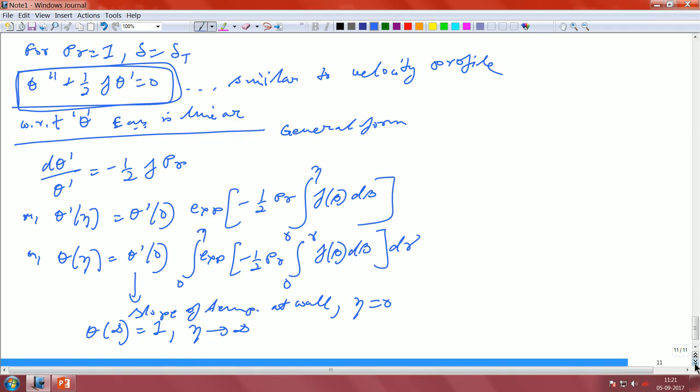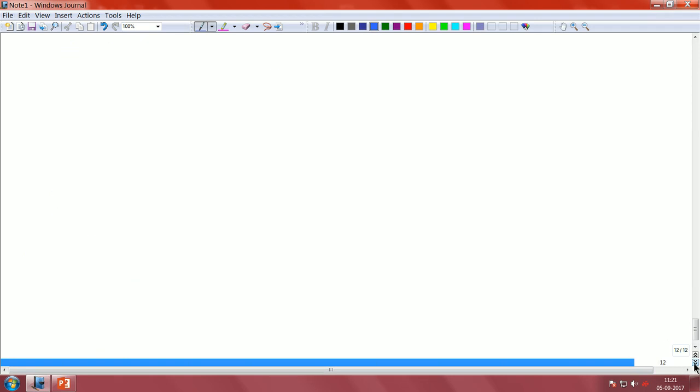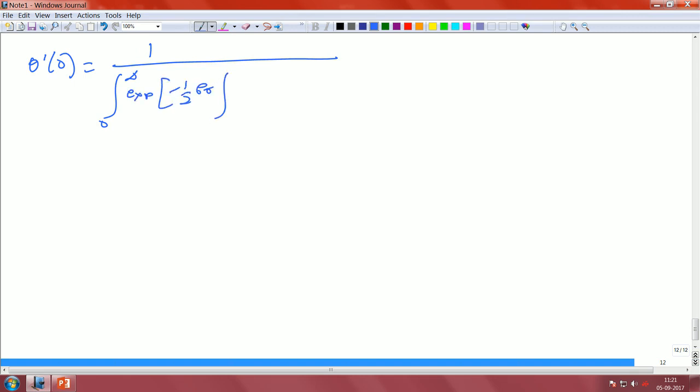Now, if you work out, theta prime 0 will be equal to 1 by the integral from 0 to infinity of exponential of minus half Prandtl number integral from 0 to gamma of f(beta) d beta, and theta of eta will be equal to the generalized expression for theta.